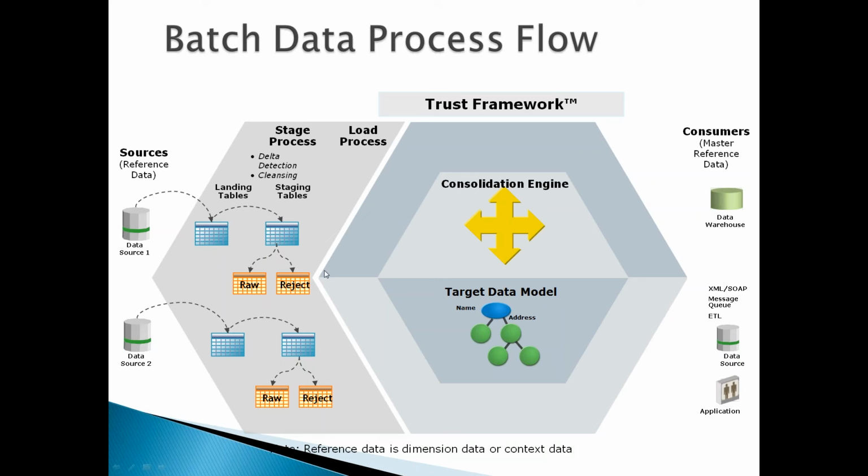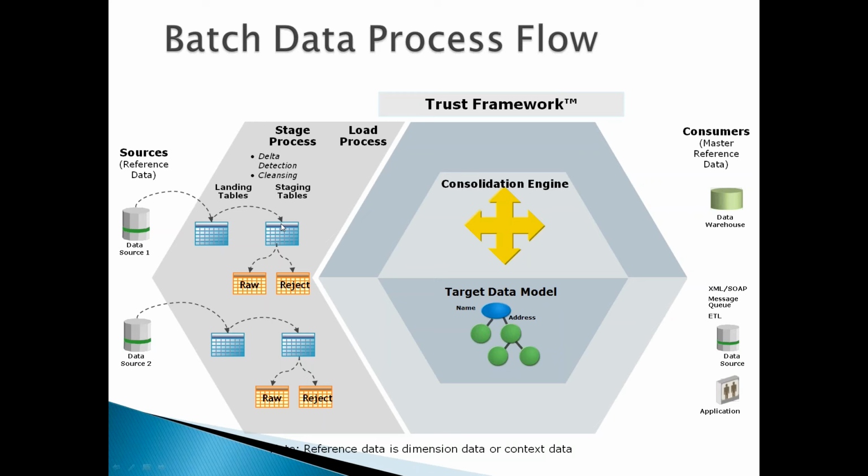And similarly, there is another table called the PRL table, or previous landing table, in MDM. That is basically used for delta detection. Delta detection, as you know, will detect delta records. How it works is, for example, the first time we loaded some 100 records from a landing table to the staging table, so that table will contain all those 100 records.